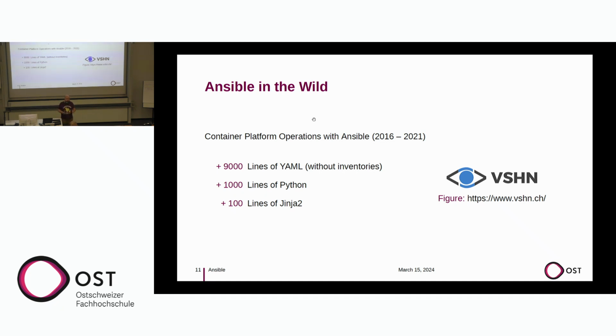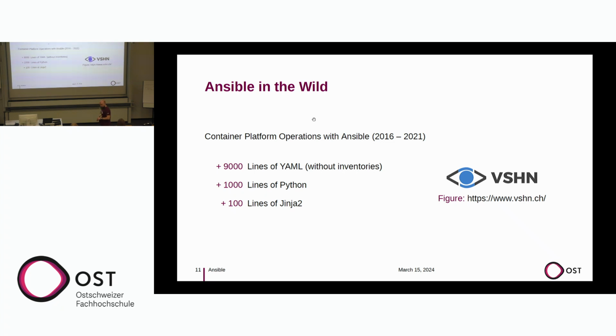Ansible itself can be powerful. I know one company, this one here, that used Ansible quite advanced. For the whole maintenance operations of the container platforms they were managing for many companies, or still are, but now they have a new version, so they are not using Ansible anymore.